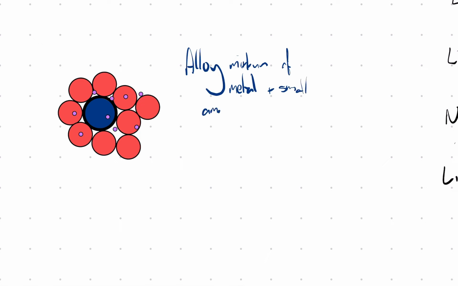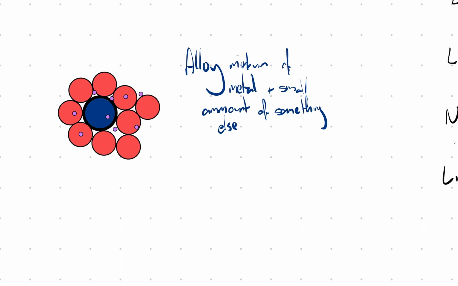Now that's where we come to alloys. An alloy is a mixture of metal plus small amounts of something else. For example, steels are predominantly iron with something like 5% carbon.